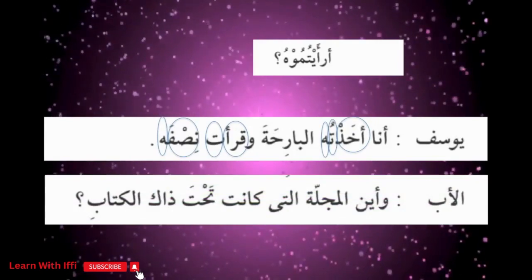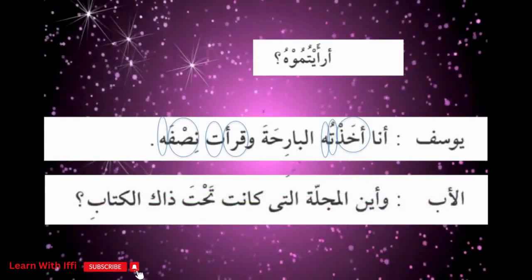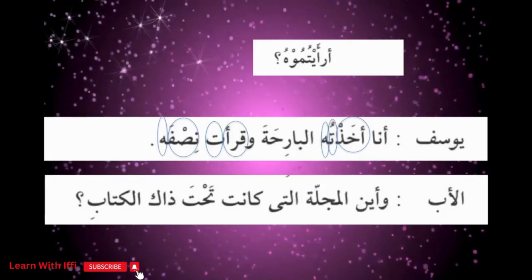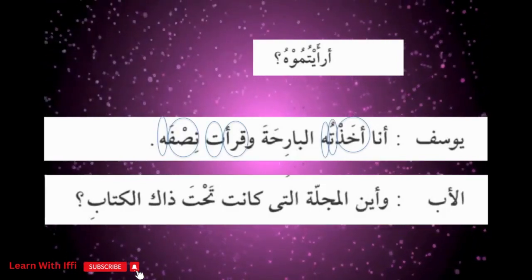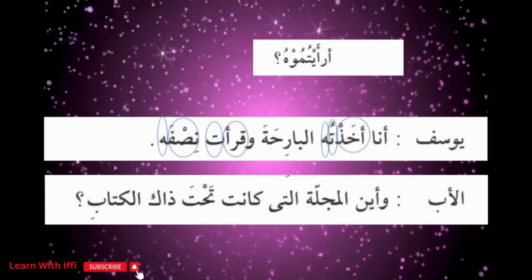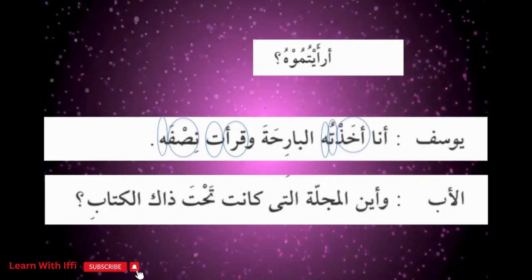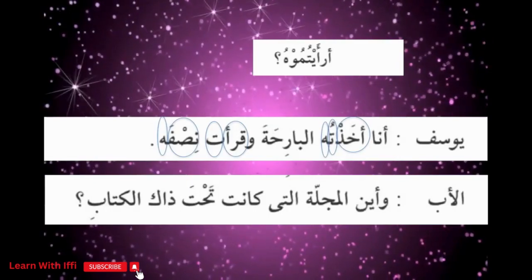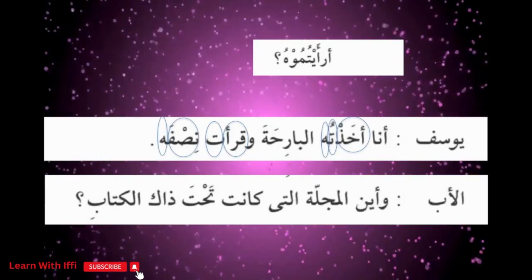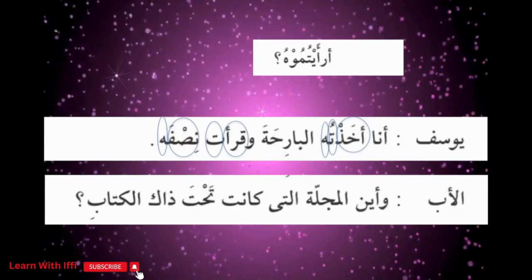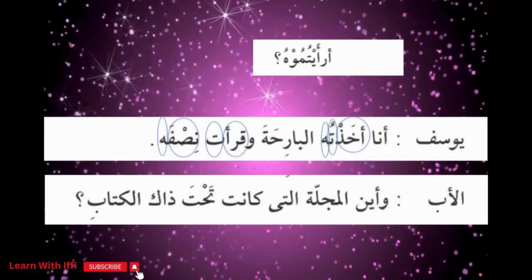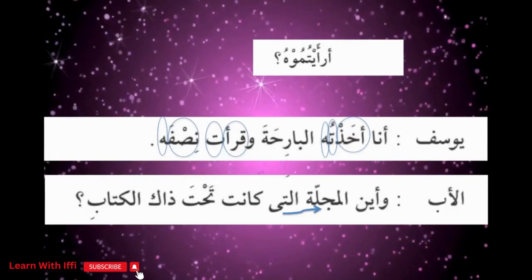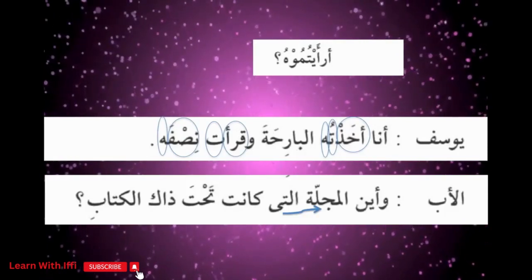Nisfahu, mudaf ilayhi. Wa aynal majallata. See, aynal majallata. Where is the magazine? Allati kanat tahta dhakal kitabi. So you have to understand what's happening, how it is connected. Al majallatu, if it is mubtada. Allati is ismu mawsula, because it is muannas we use allati and it is connected to majallatu, which is describing majalla. Where is the magazine?